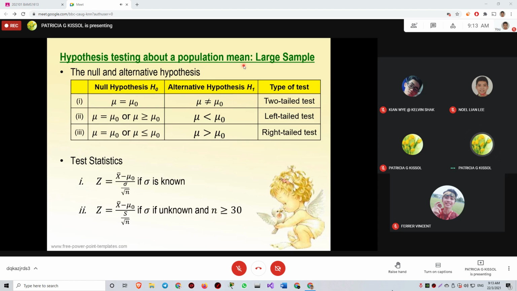What does it mean? Based on what I've explained about null and alternative hypothesis, the H0 and H1, first thing first, when you get the question, you need to identify what is the null hypothesis and what is the alternative hypothesis of that question. Now, how do you determine whether it's number one, number two, or number three?